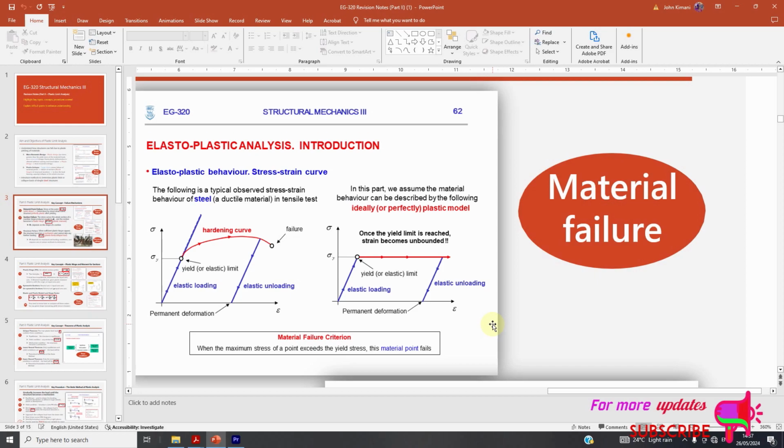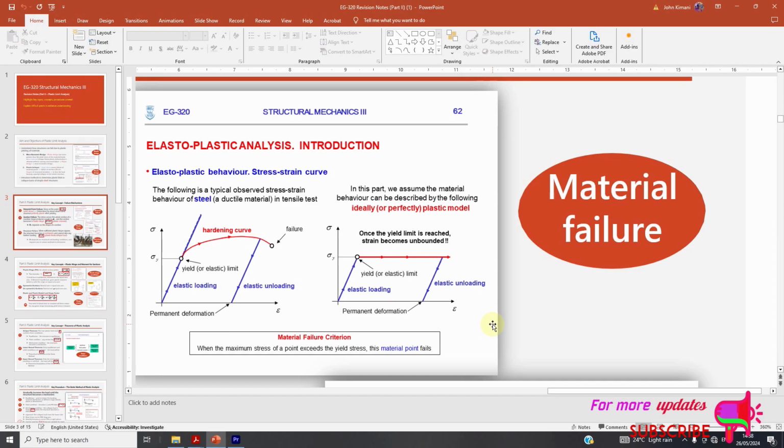Key concept, failure mechanism. Material point failure: stress at the point should be greater than stress in Y, that is the yield stress, determined by the stress-strain curve, assuming perfectly plastic behavior after yielding.